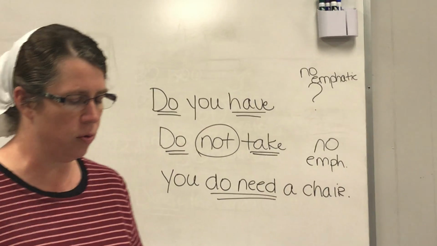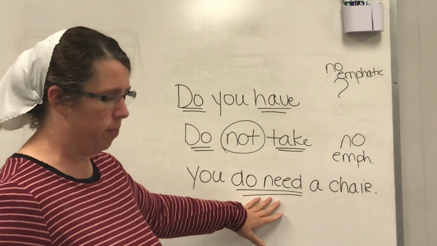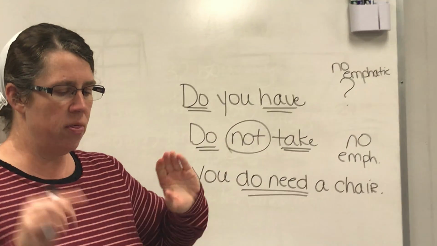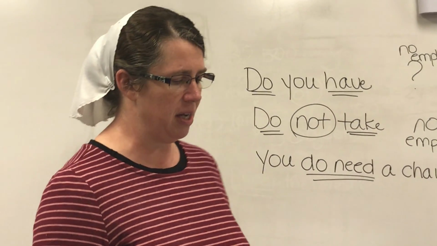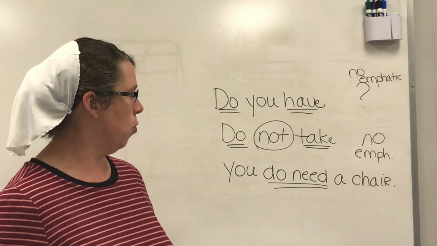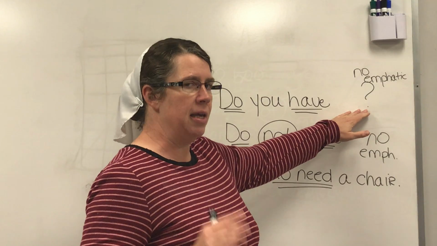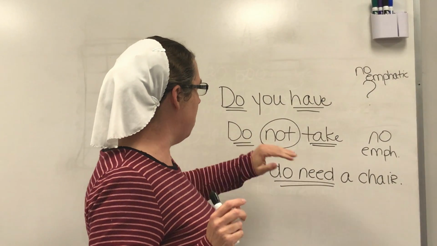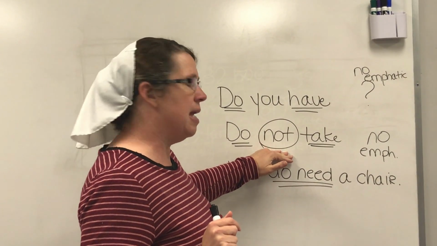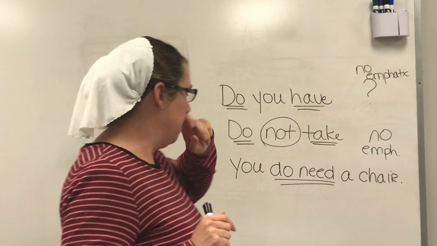What you're going to do on page 22, they want you to draw 2 lines under the verb. And then on the blank on the right, you're supposed to write if it is emphatic or if it is not emphatic. Write yes or no. If you have sentences that ask a question, it is not emphatic. If you have a sentence that is in a negative statement, it's not emphatic.